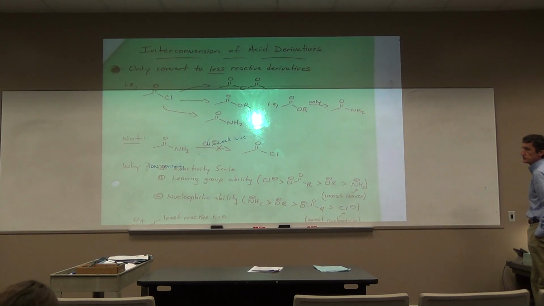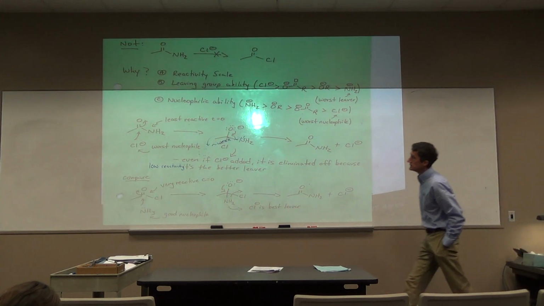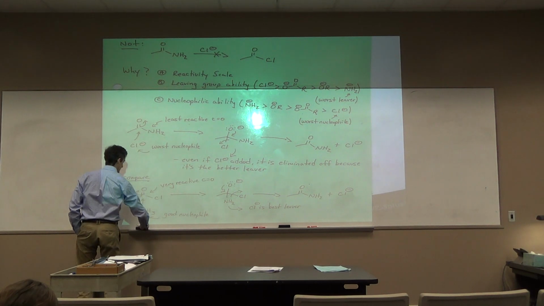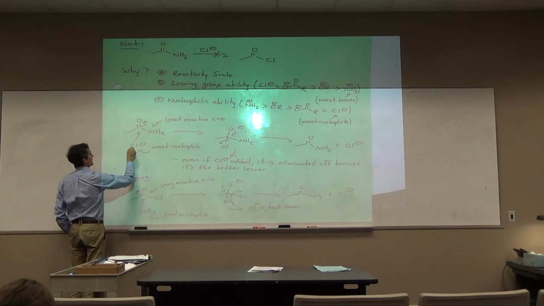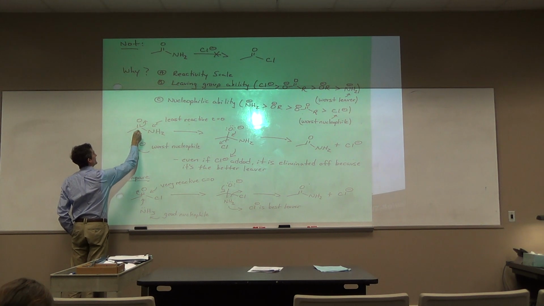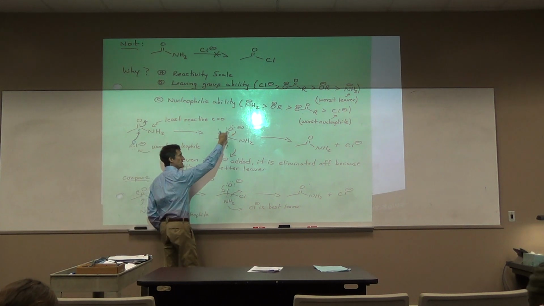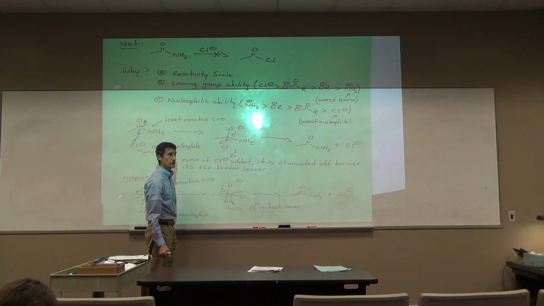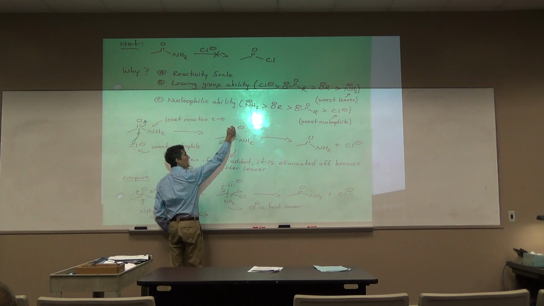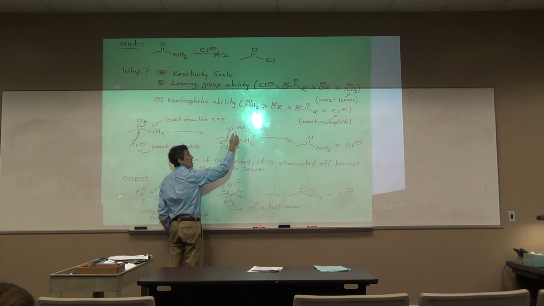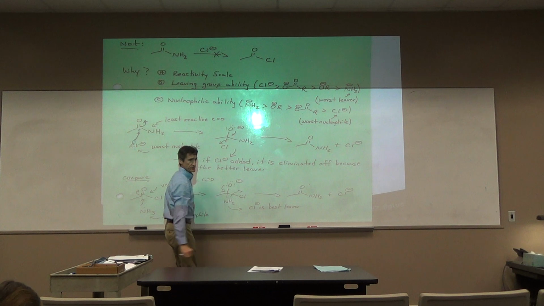Now, even if we could get these electrons to come in here and move electrons up, even if we could get to this tetrahedral intermediate, which we showed on the previous general mechanism, when electrons come back down and remake the pi bond, because anytime you make a pi bond you kick off a leaving group, what's it going to kick off, the Cl or the nitrogen?